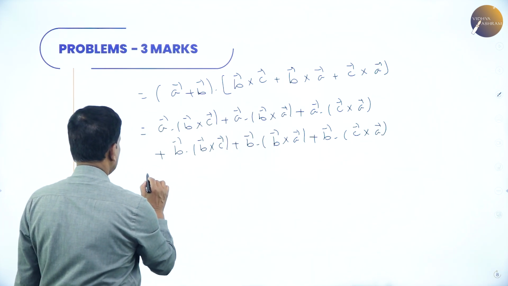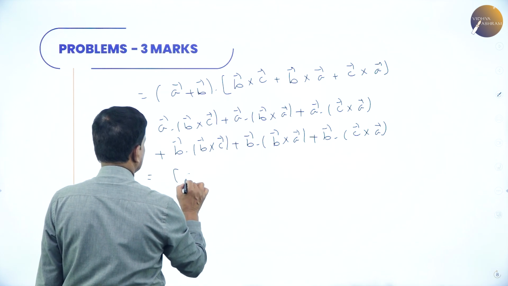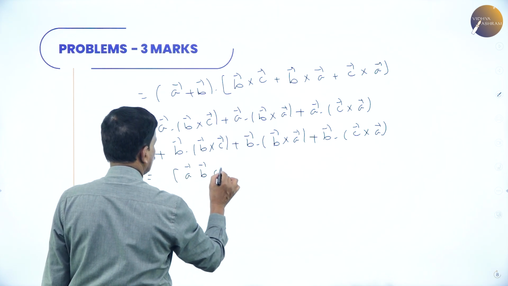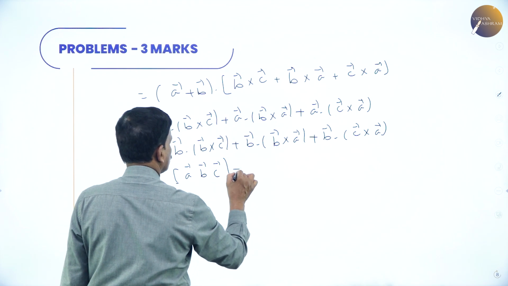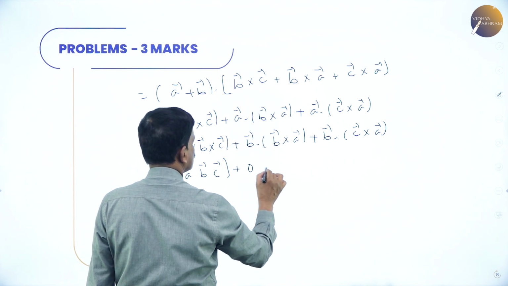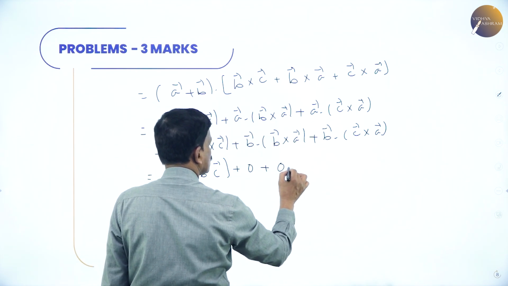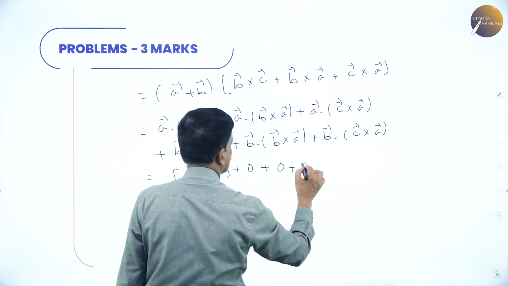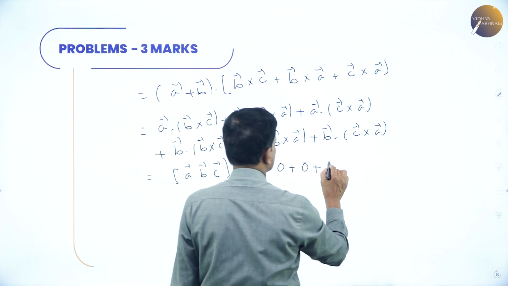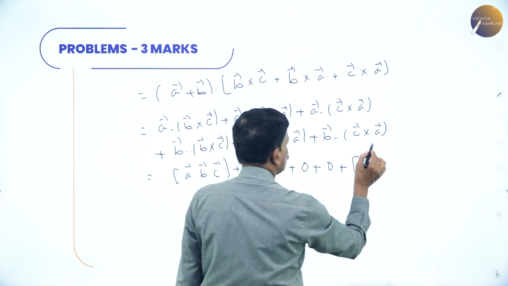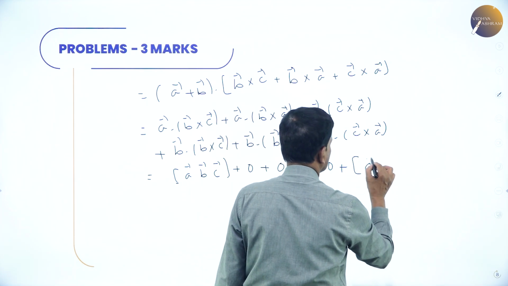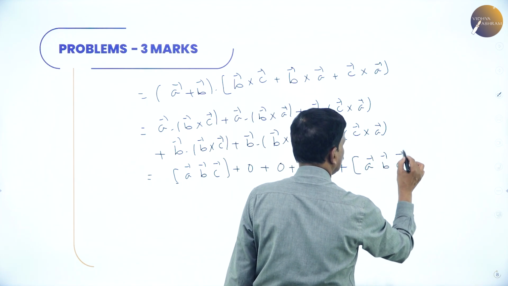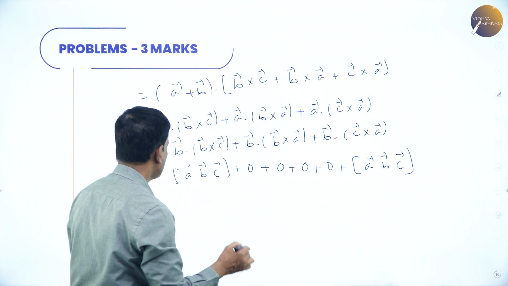So, you know a dot b cross c is nothing but the box product of vectors a, b, c, plus a dot b cross a is 0, a dot c cross a is also equal to 0, b dot b cross a is also equal to 0, b dot b cross c is also equal to 0. Again, b dot c cross a is nothing but the box product of a, b and c. So, how many box products are there?